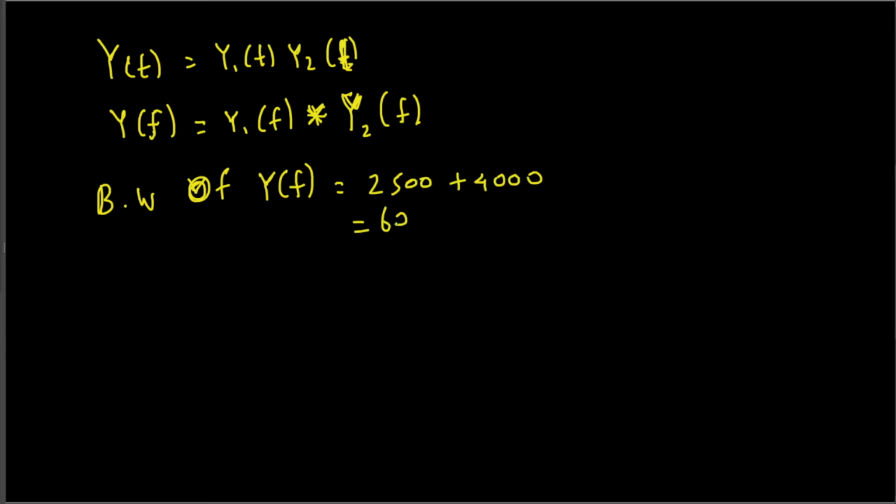That's going to be 6500 Hertz, and that is the normal bandwidth. But if you take the Nyquist, that's going to be doubling, so that is 13,000 Hertz. Okay, and those are the required things.